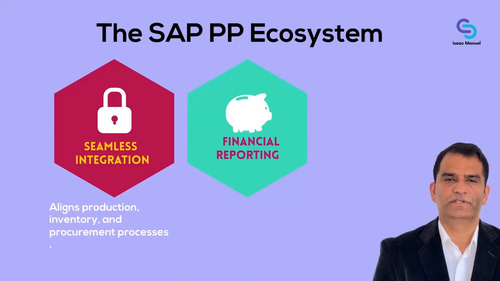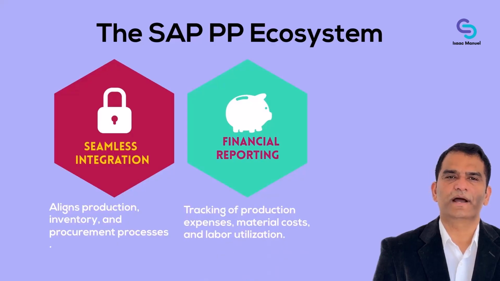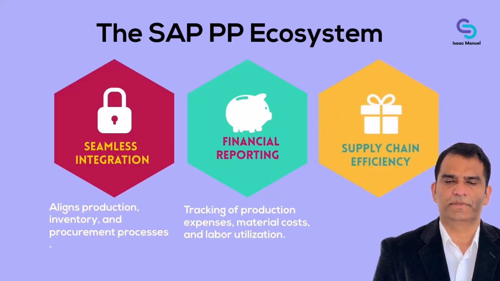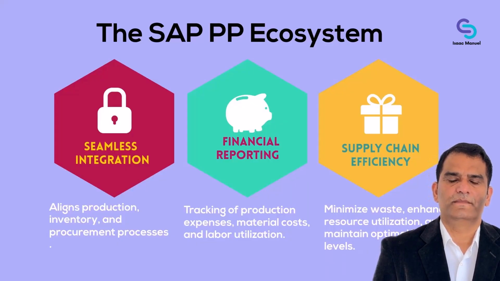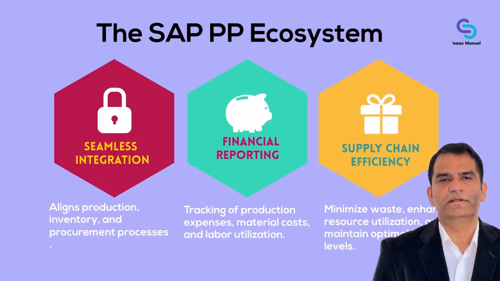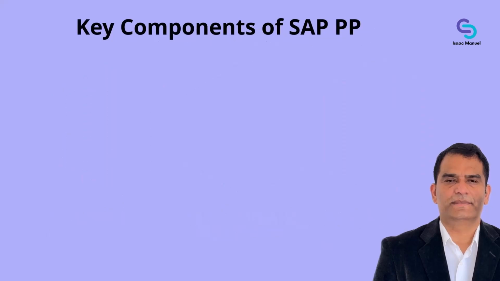SAP PP positively impacts financial reporting through precise cost control, tracking production expenses, material costs, and labor utilization in detail. It promotes cost-effective, compliant, and quality-driven production processes. With SAP PP, companies streamline manufacturing processes, increase production throughput, and consistently deliver products to customers on time, ensuring operations remain efficient and cost-effective.